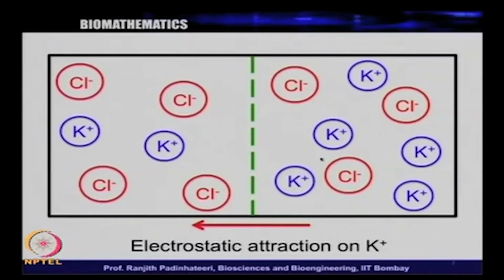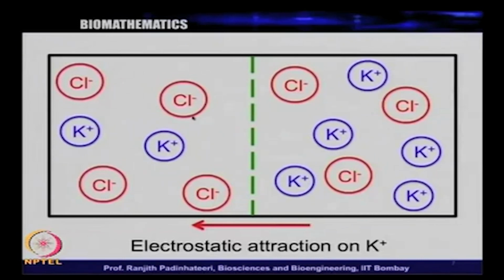It will lead to the K plus going here, but only K plus can go. So, this side of the semi permeable membrane will be more and more positively charged, and here there are more and more Cl minus, because Cl minus cannot go.